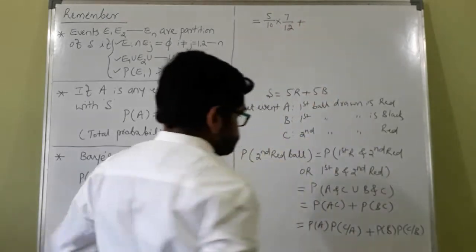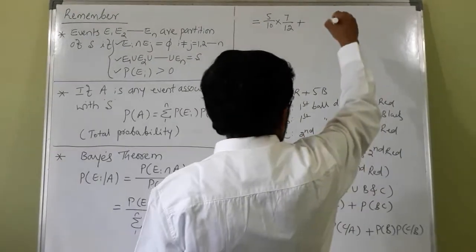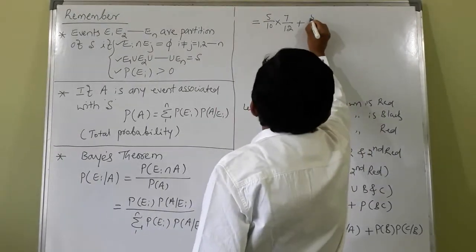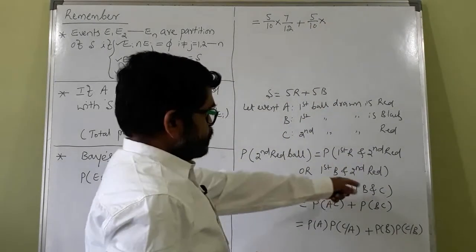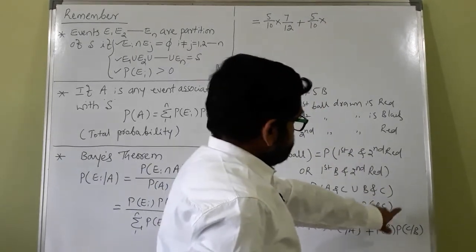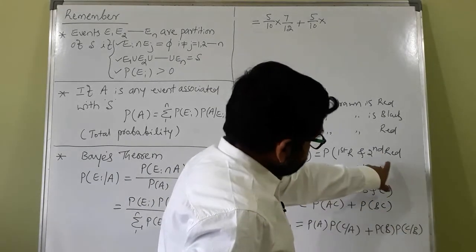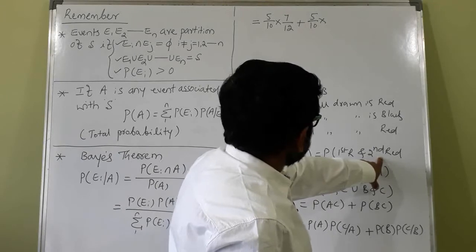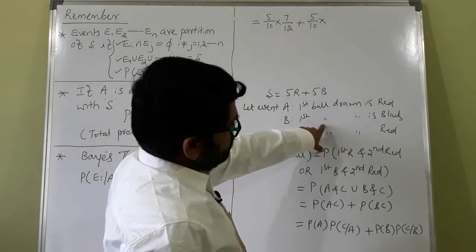Plus, drawing first black, that is 5 by 10, into probability of C given B, the probability that the second ball is red given that the first ball drawn is black.